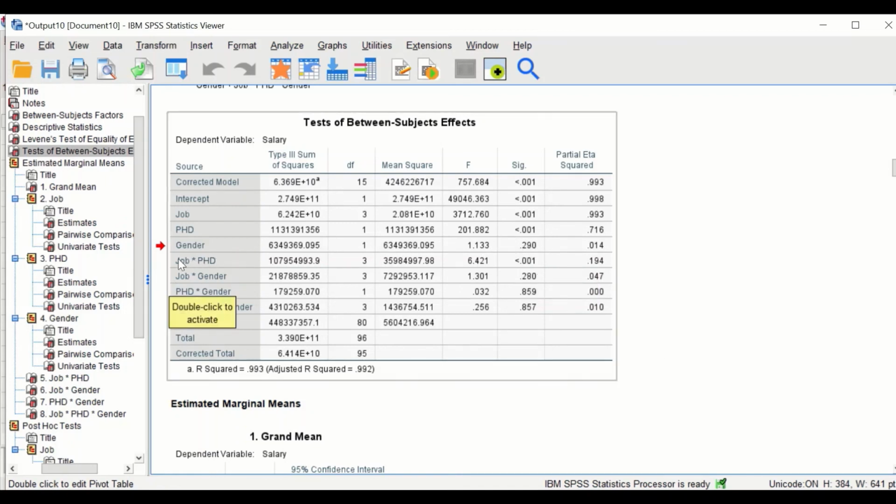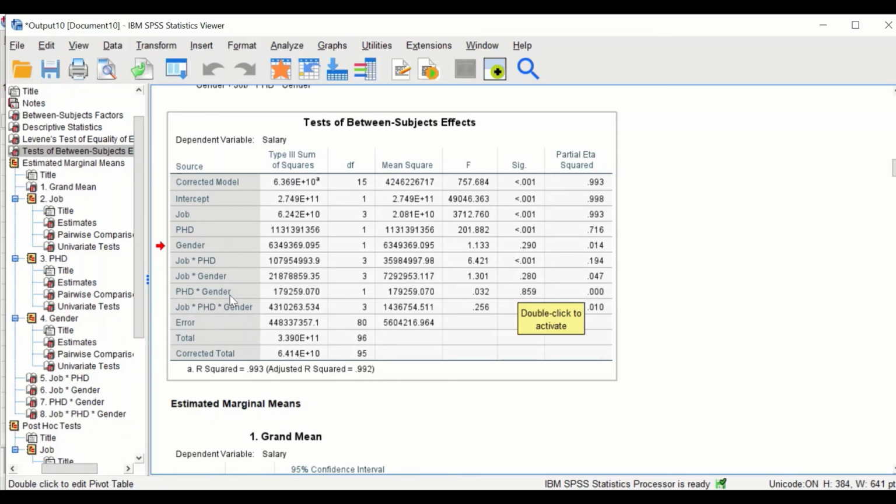The interaction between job and PhD indicates that there is a significant difference in the salary earned. However, job and gender have no significant difference, and there is no interaction and no effect on the salary earned. PhD and gender, again, no significant differences.